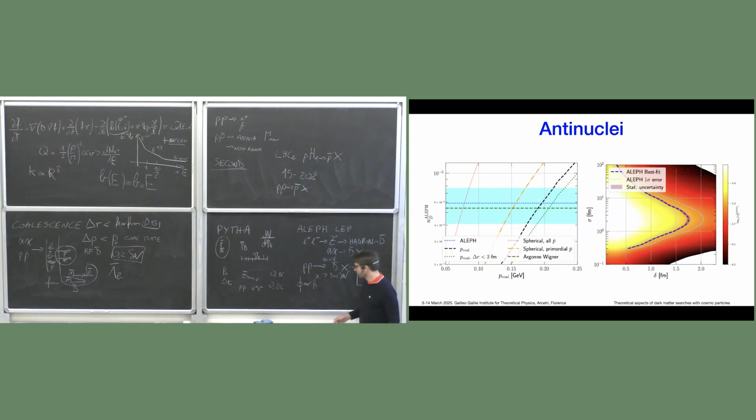Recently, with Nicolaou and other colleagues, we did a new analysis where we calibrate different models of coalescence. We found that the difference in space of the antinucleons should be of the order of a few femtometers. The coalescence momentum should be, for this specific model, roughly 0.2 GeV.